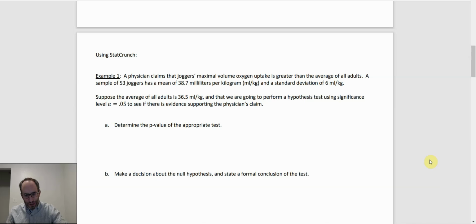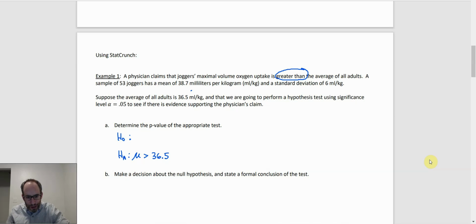So the physician's claim, if we go up toward the top, is greater than the average of all adults. So that greater than tells us what we've got to do with our alternative hypothesis. If we're going to write our hypotheses out, the greater than tells us that our alternative should be mu greater than what it is for all adults, and we're supposing that that's 36 and a half, because that's right there in that second paragraph right at the beginning.